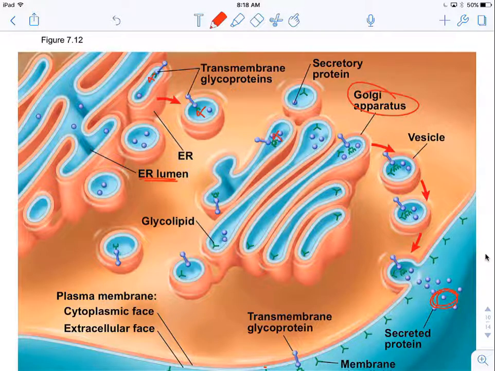Okay, and if you look here, if we make it inside of the vesicle on the ER, it's going to be inside of a transport vesicle as it's going over to the Golgi. Then when it fuses to the Golgi, that'll put it on the inside of the Golgi, and then it gets packaged on through, and it buds off into another vesicle.